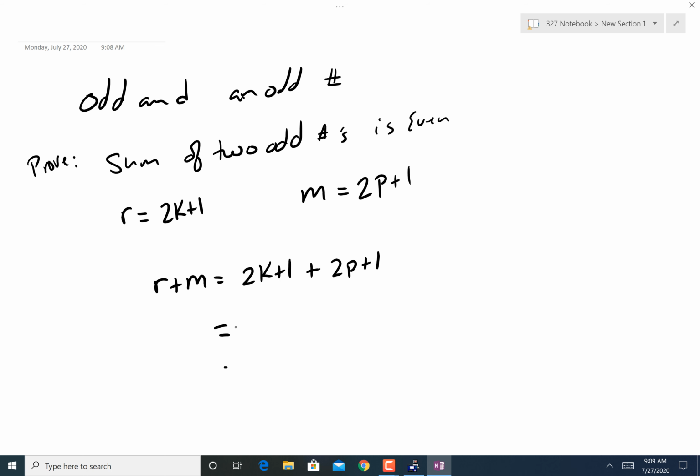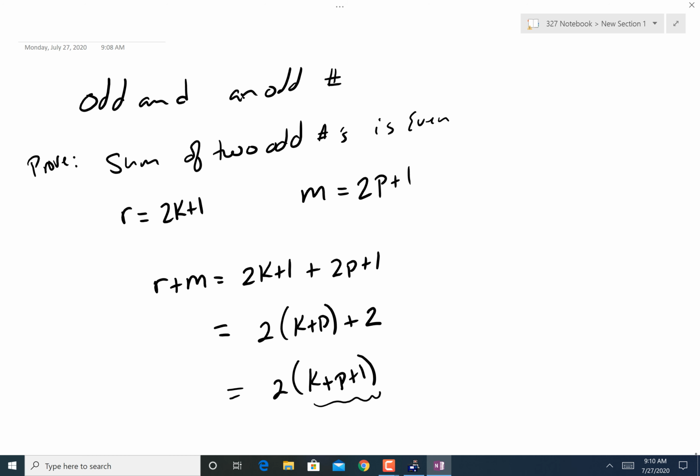If you simplify that with a little algebra, you can write that as 2 times k plus p, because they have a 2 in common, plus 2 more. You see that? So in reality, you could write this as 2 times k plus p plus 1, like so.